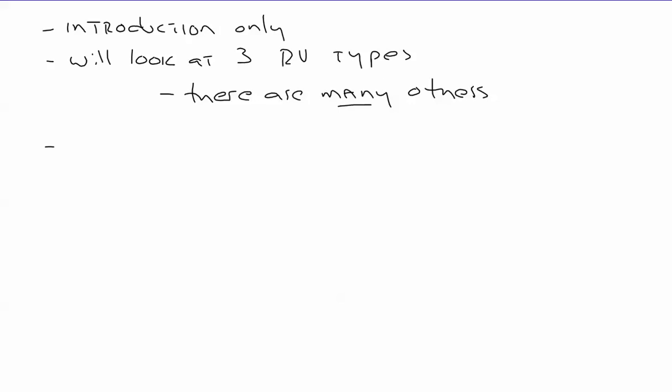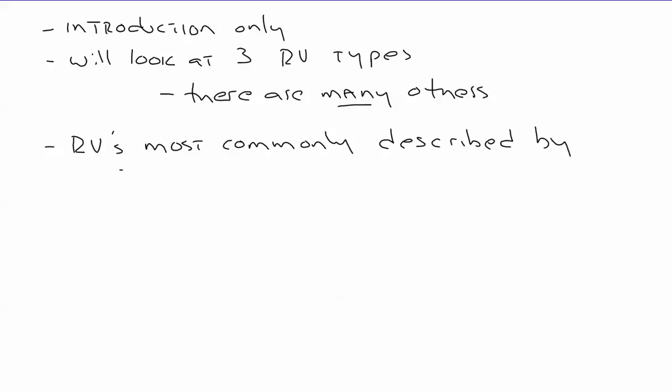Random variables are most commonly described by their cumulative distribution functions and probability density functions, and not the outcome to real number mapping function.